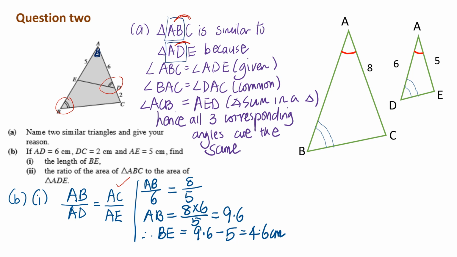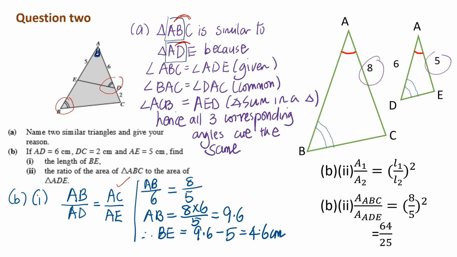The two triangles are similar, so I have drawn it to make it clearer for you. So I can apply A1 over A2 equals the square of the ratio of your sides. Of course here I'll be using AC over AE because I have these two sides given. And that will give you 64 over 25.